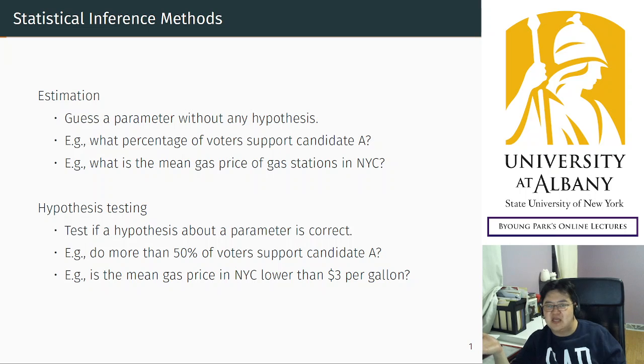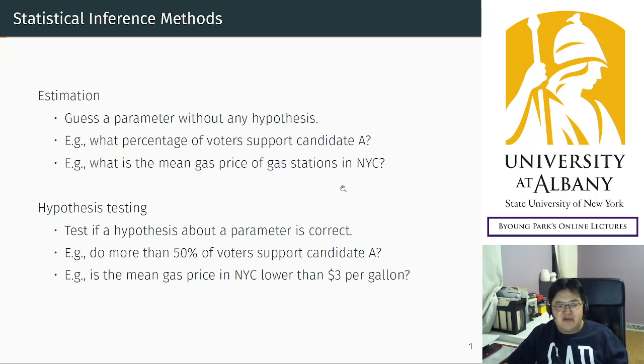Let's check the data. So hypothesis testing is yes or no. I believe something, and is it consistent with data or not? Then the statistician has to look at the data and conclude if the belief is consistent with data or not. So that's the basic conceptual structure of hypothesis testing, the difference between estimation and hypothesis testing.